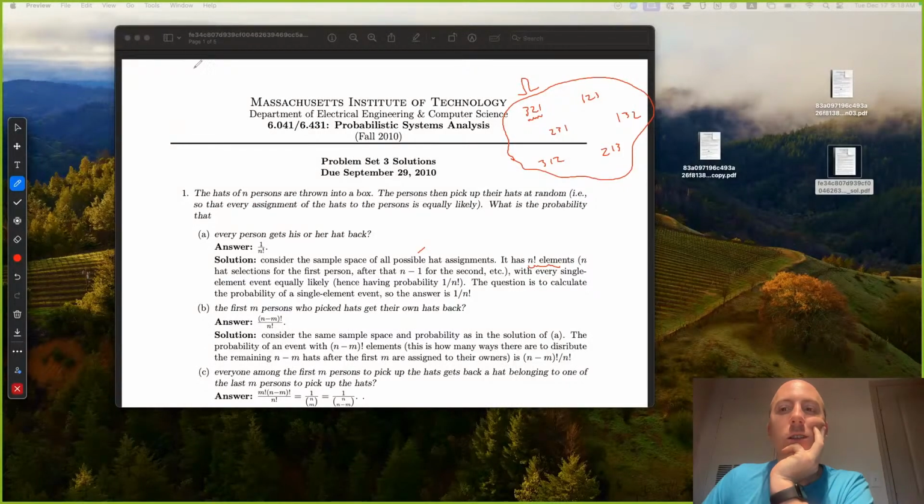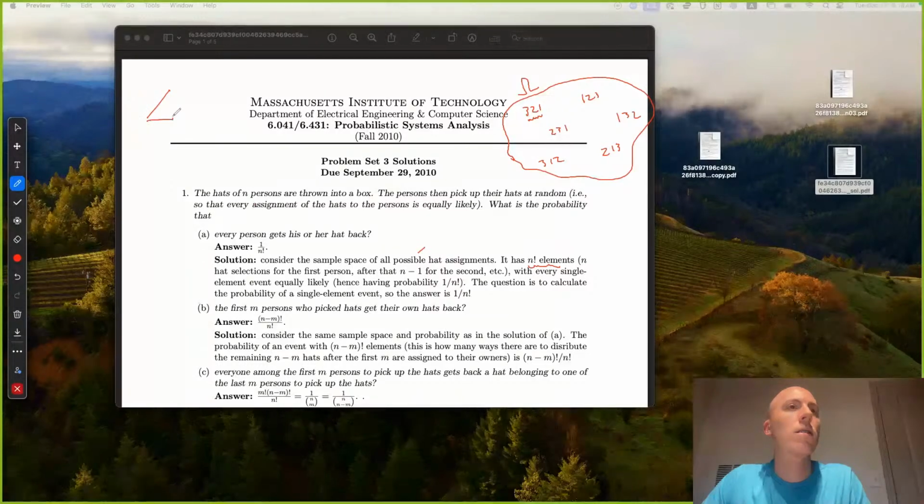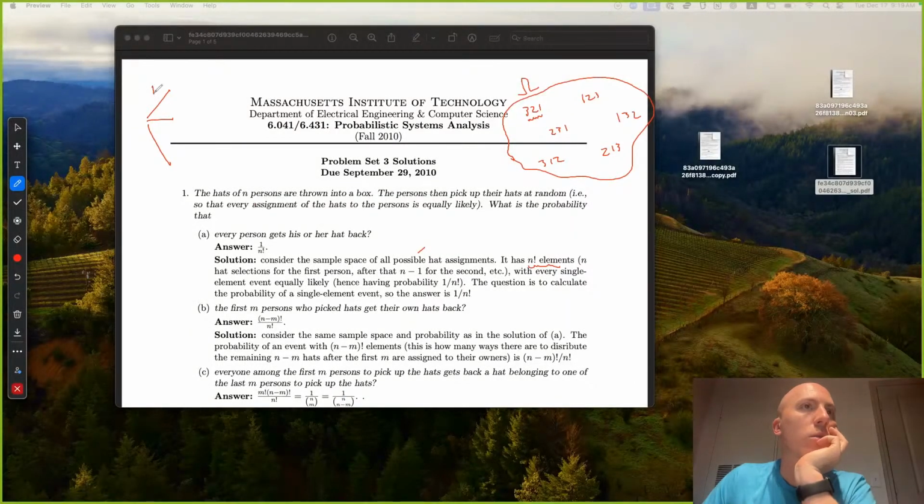Every element is generated by this process. We select the first hat, and in that case there are three possible choices, three possible outcomes.